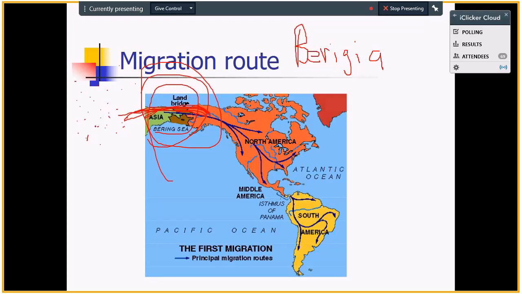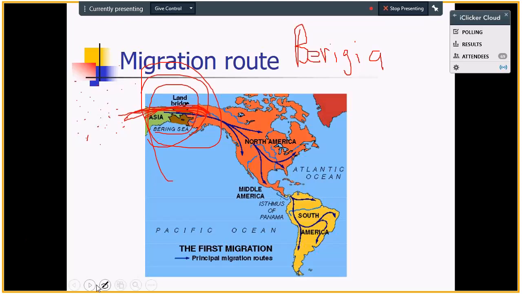And so there's not just one group that's making these migrations. There's multiple groups, perhaps as many as a couple of thousand groups. Then there's going to be multiple migrations.